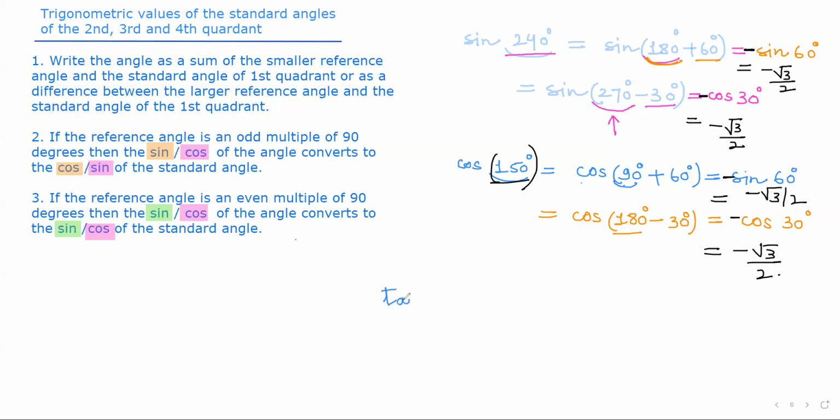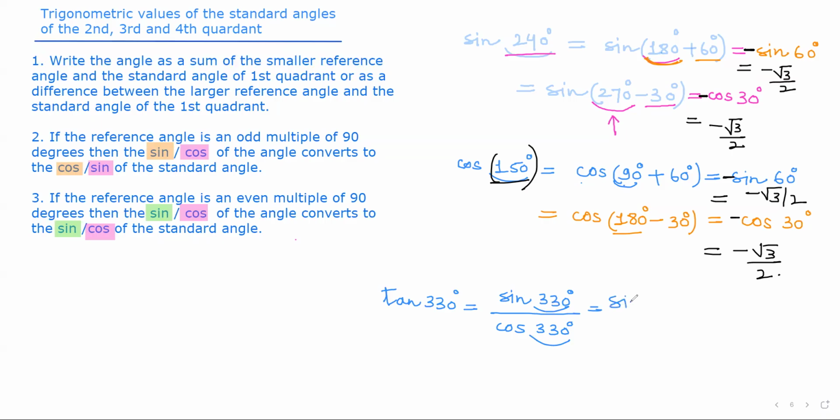Let's check with tan of 330 degrees. All of you please pay attention. Tan 330 degrees, I can write it as sin 330 degrees upon cos 330 degrees. This angle lies in which quadrant? Fourth quadrant.